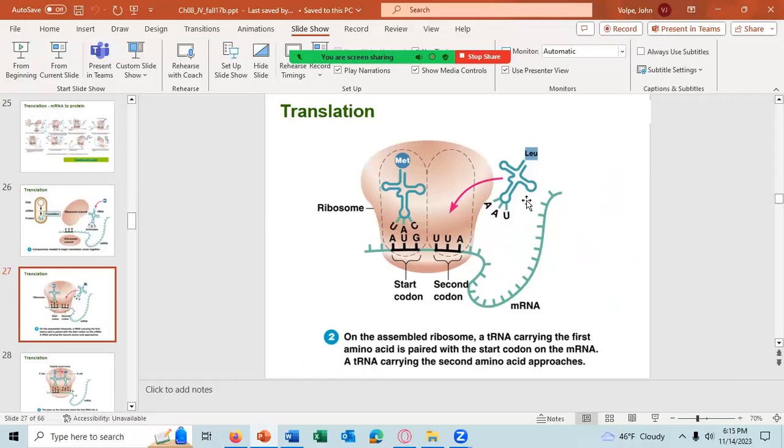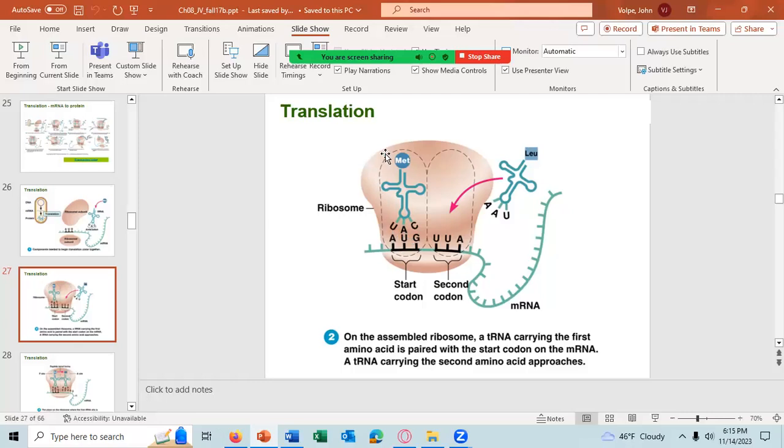And what happens is tRNA comes in and binds to AUG. The tRNA actually hydrogen bonds to the codon of messenger RNA. And so the anticodon, which is in the tRNA, will be UAC. You don't need to know that, but it hydrogen bonds to AUG.